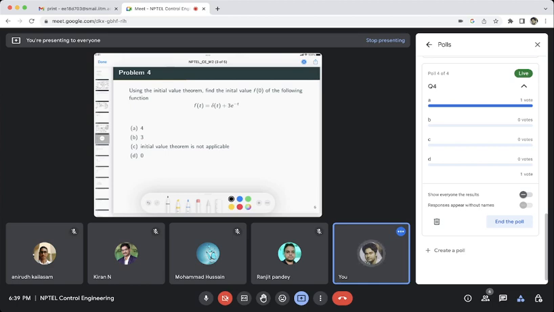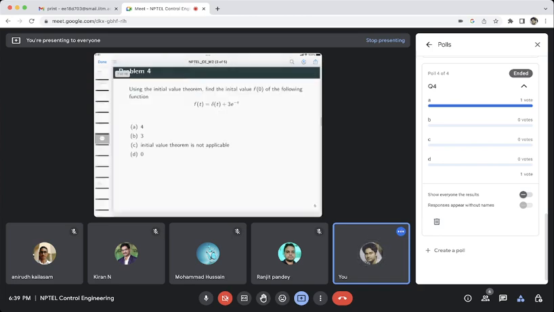Very simple question, so let us discuss this. What is this initial value theorem? First we write. If you remember the initial value and final value theorems: if the Laplace transform of f of t is F of s, then the initial value theorem says that the limit of f of t as t goes to 0, which is f of 0, is the same as the limit of s F of s as s goes to infinity.